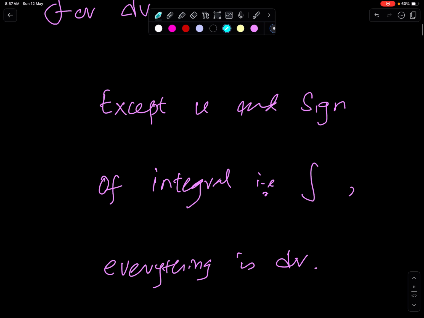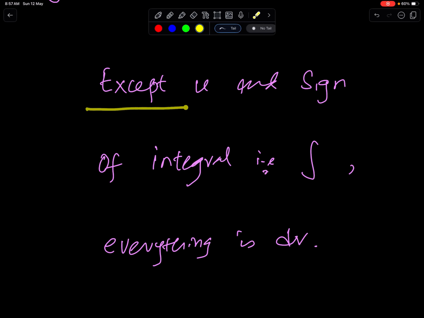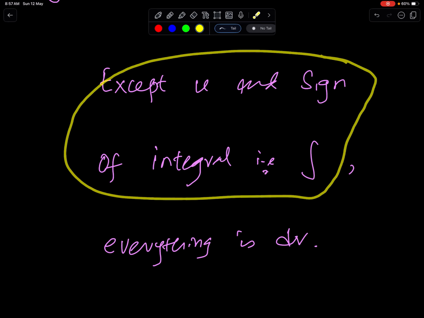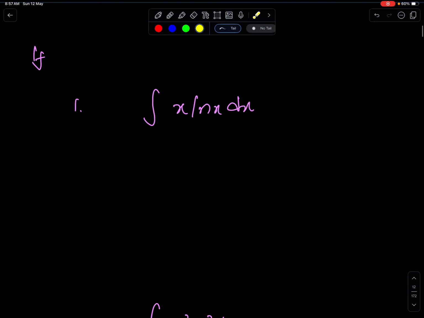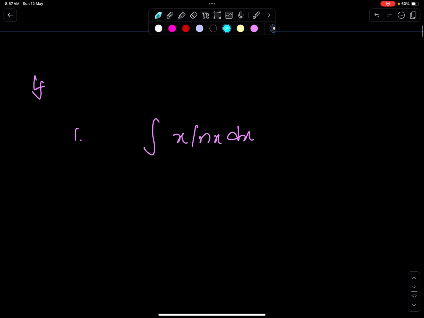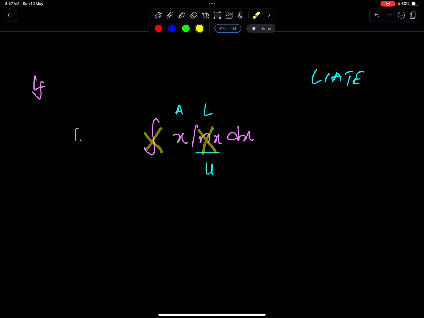For dv, except u and sign of integral, except these two things, everything is dv. See, in LIATE, this is A and this is L. See, L comes before A. So this is u. Now everything except u and sign of integral is dv.